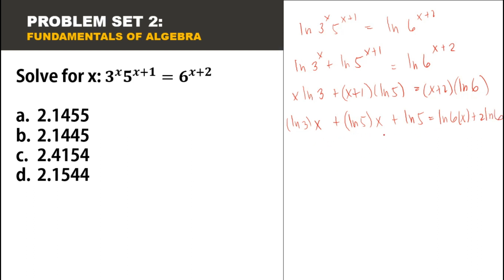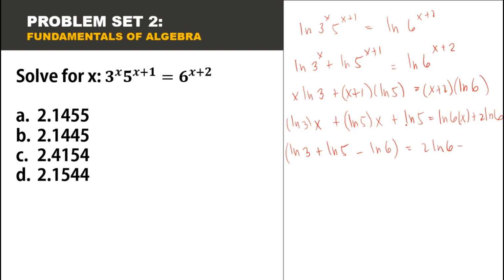We can factor out all the x's, so we have ln 3 plus ln 5. We transpose this ln 6 to the other side, so we have minus ln 6, that is equal to 2 ln 6.